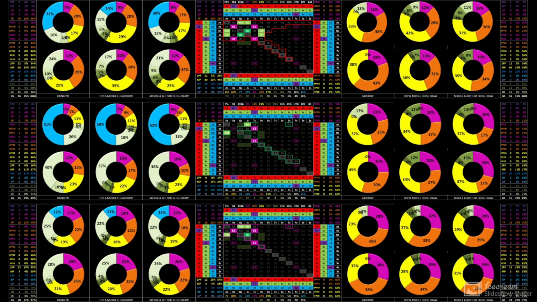If we look at the top row of charts, middle one on the left, we see the blue section drops to 14 on the top and middle flush board, whereas it's roughly 30-ish on the other two, the first and third columns.